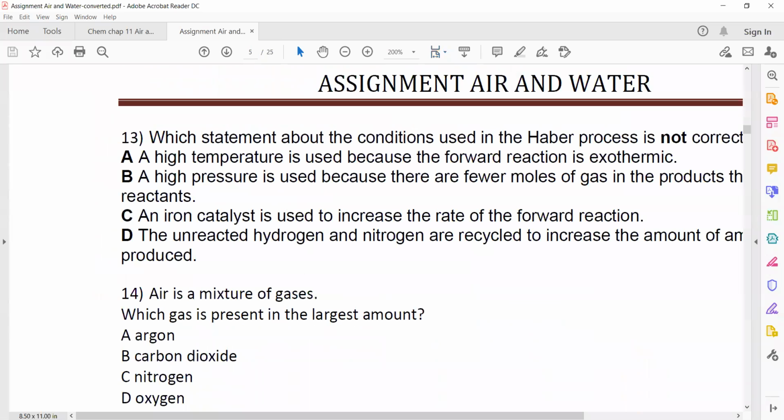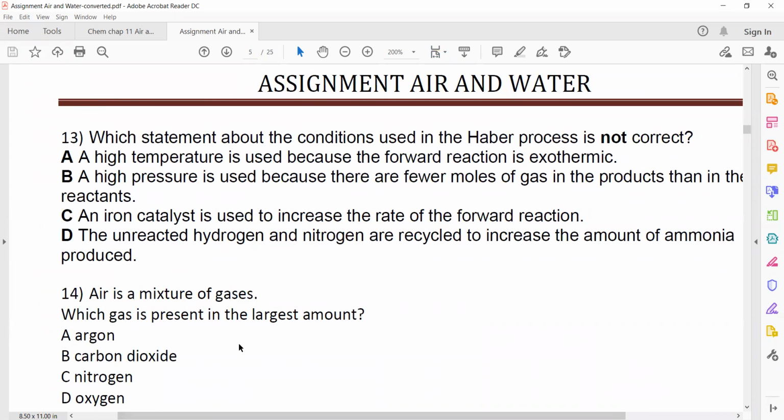Question 13. What's the answer for question 13? Which statement about the conditions used in a Haber process is not correct?